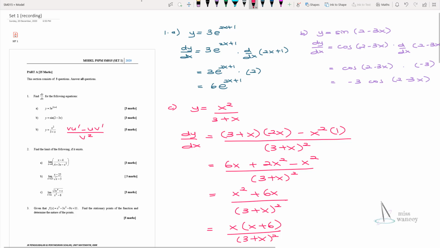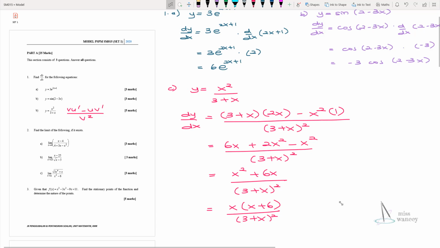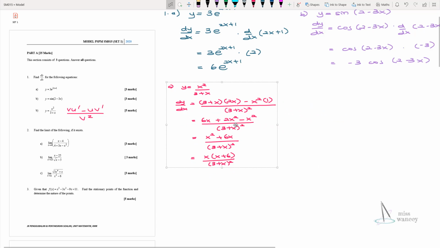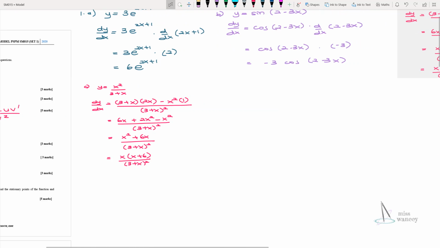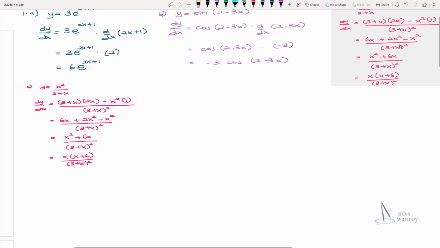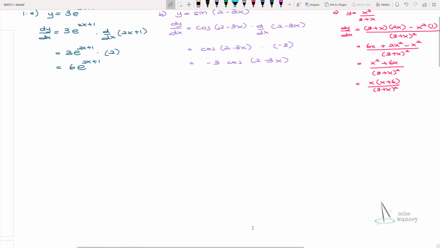Okay, that is basically for question number 1. Again, let me group this one first so that we can move to the second question. I'm doing option number 1 and option number 2 together then.